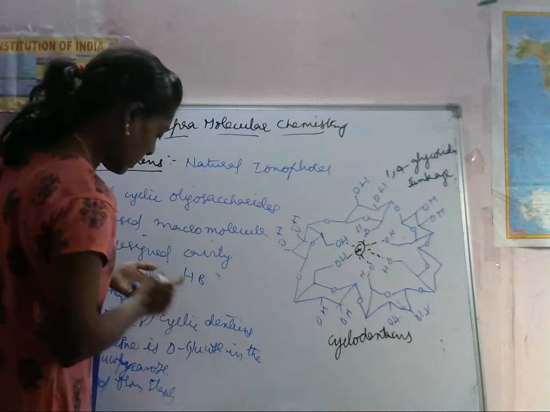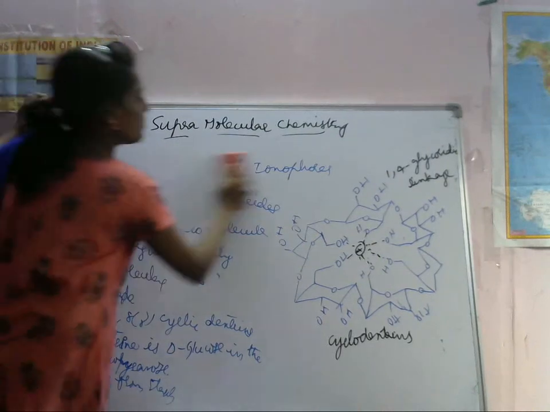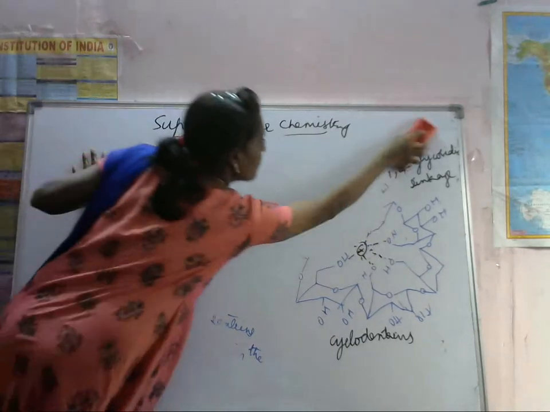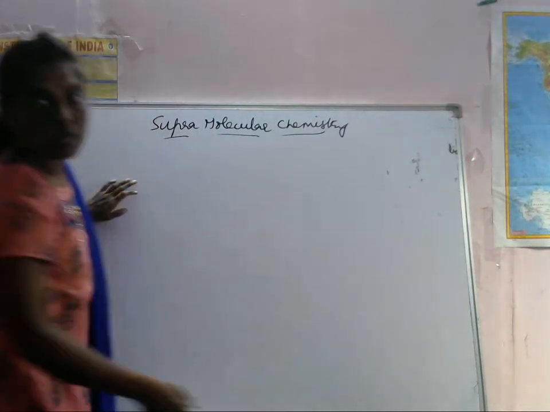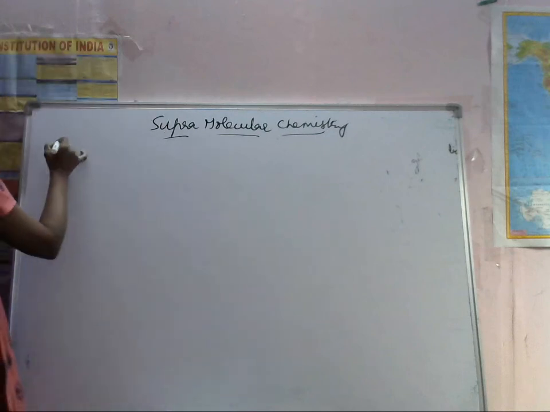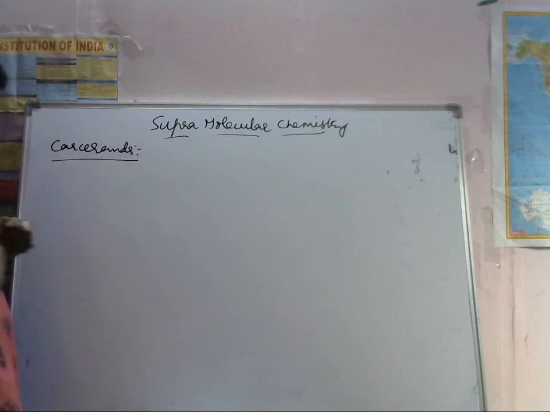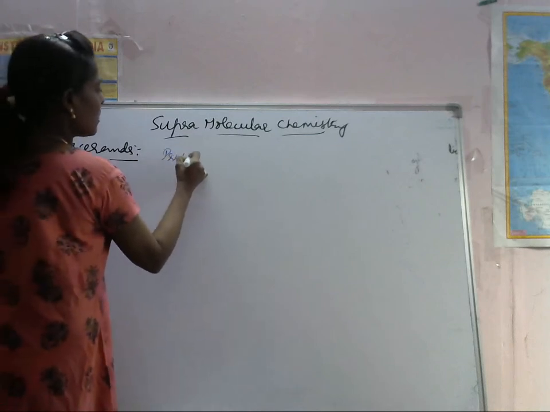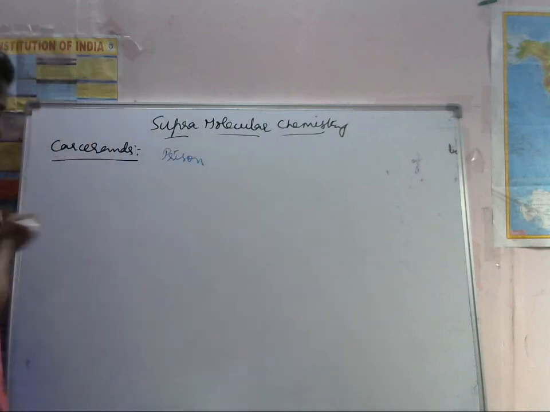Next one, carcerands. Carcerand means prism. How will it be formed? We have to synthesize this one.